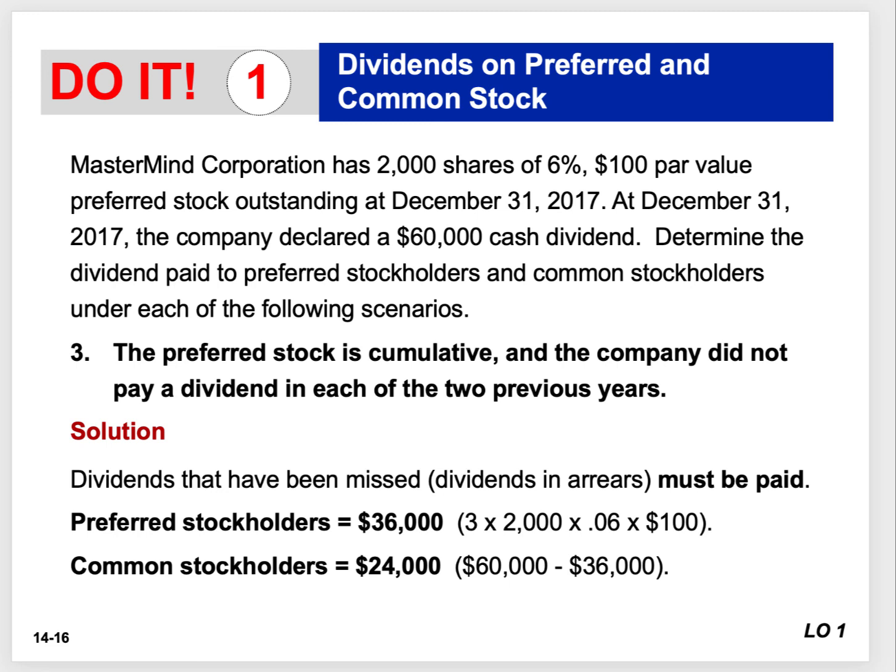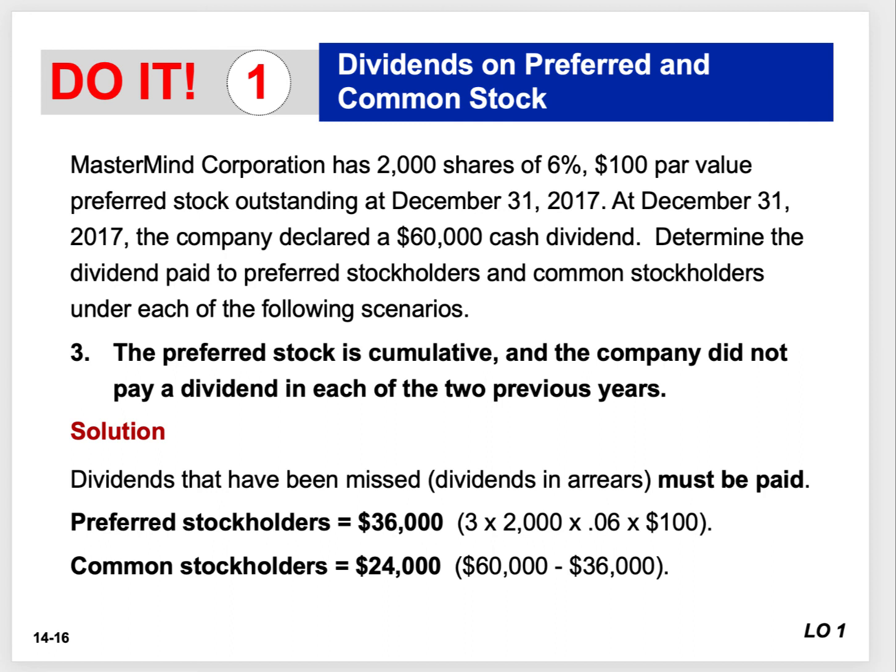Now, what if, for example, the preferred stock is cumulative? The company did not pay a dividend in each of the 2 previous years. Easy peasy, right? Super easy. What we need to figure out is, first, how much do we pay preferred shareholders? Well, that's easy. The number of shares outstanding times the stated rate times the par value per share.